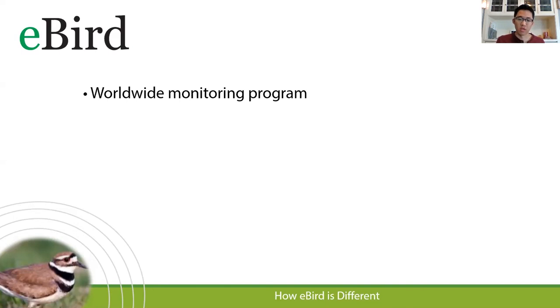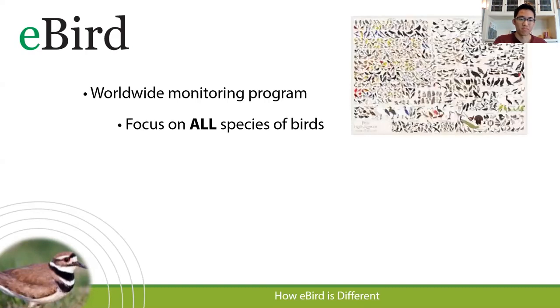Anybody from around the world can submit their checklist to this online program. It focuses on all species of birds. They don't have all the species documented or recorded, but the goal is to have a database for all the birds in the entire world.